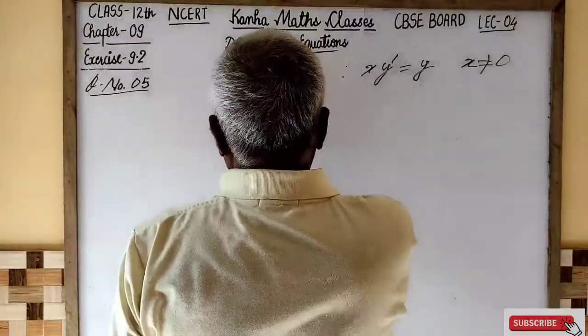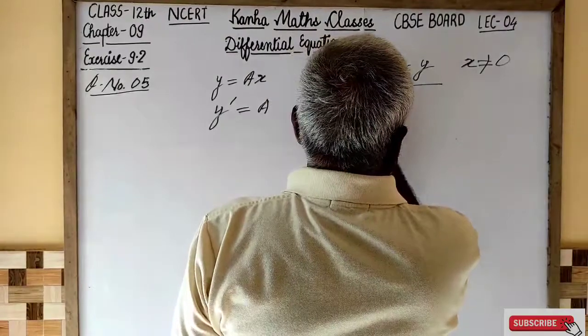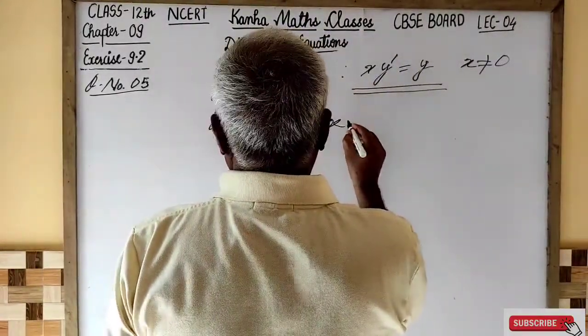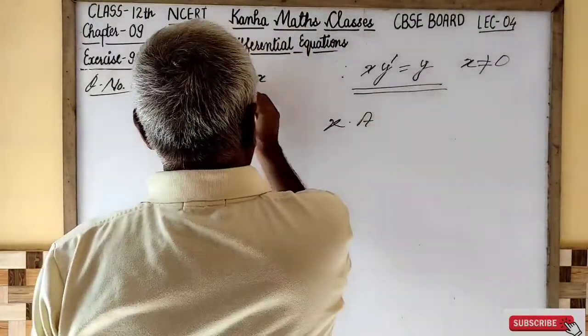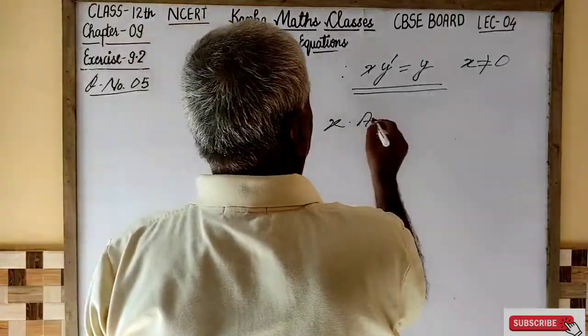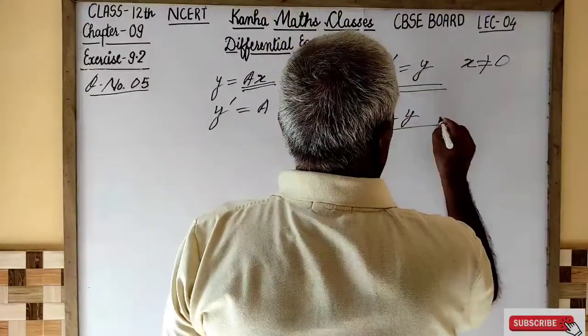Now, substituting the value of y dash in the given differential equation, you will have x y dash means x a. By virtue of the given function, ax is equal to y, hence x a is equal to y, hence verified.